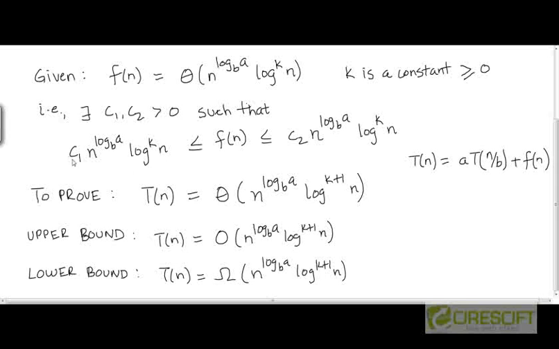In a previous video we saw this, and in trying to prove an upper bound on T of n, we relied on the second inequality. Now in trying to prove a lower bound on T of n, we are going to rely on the first inequality.